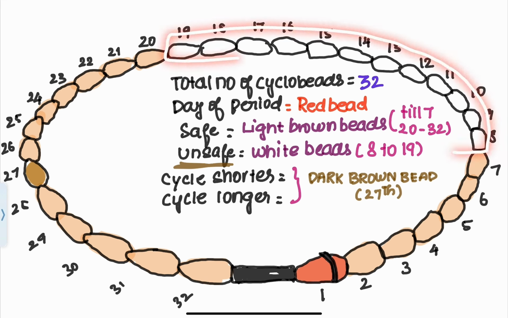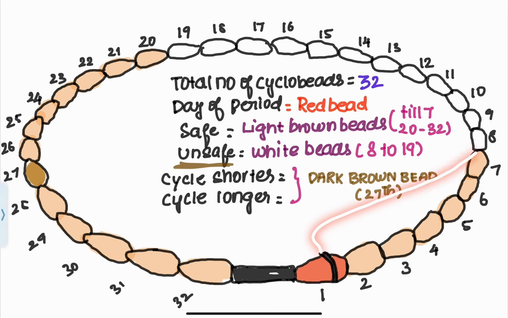But all the white cyclobeads you see here, from the 8th cyclobead to the 19th cyclobead, are the unsafe or fertile period. Any act of intercourse during this unsafe period between cyclobeads 8 to 19 is most likely to result in conception.